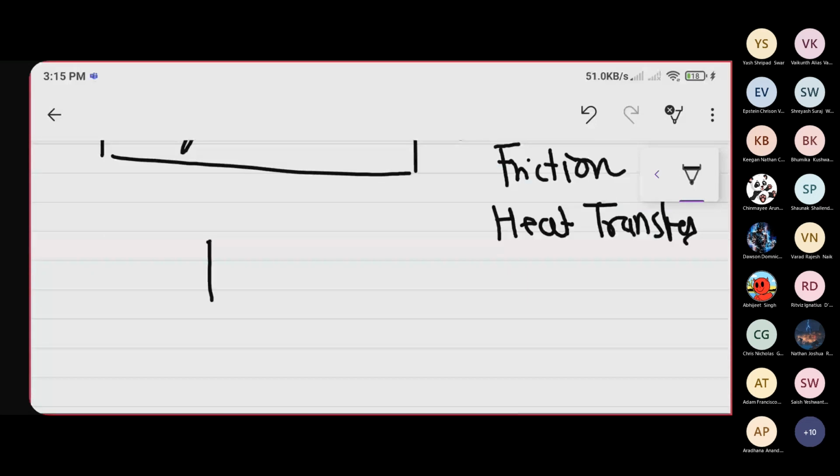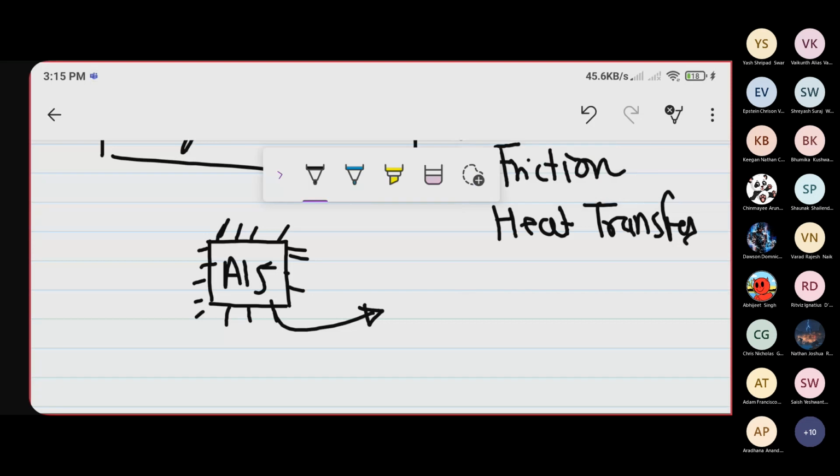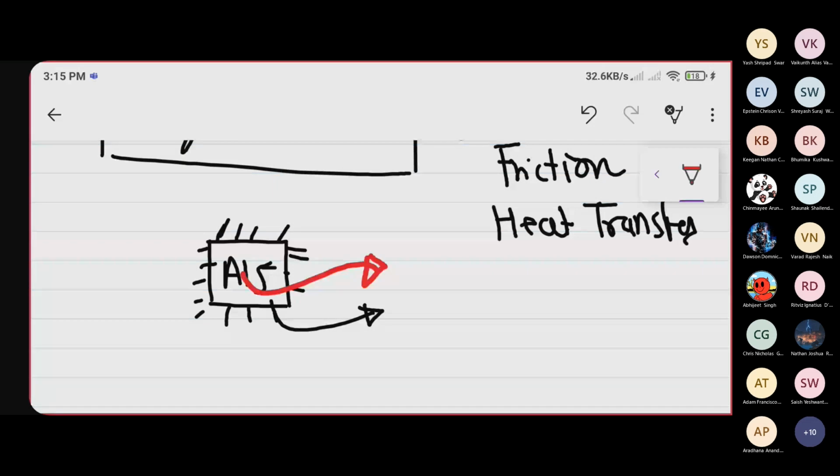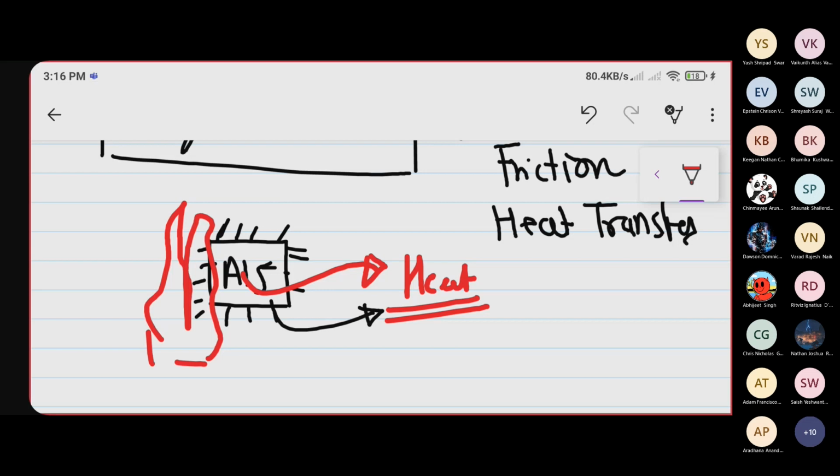Like, as a computer engineer, take the A14 Bionic chip. If you attach the chip to the motherboard and you don't know how much heat it will dissipate, then your motherboard will get burned, right?